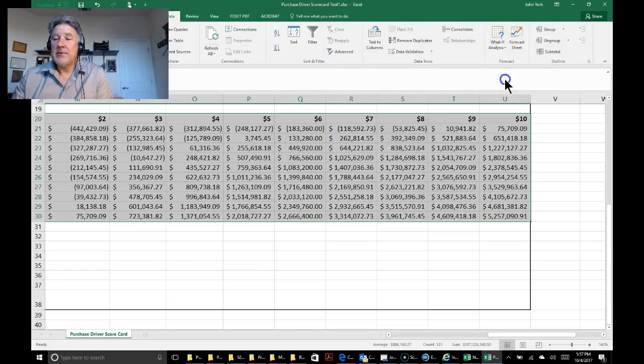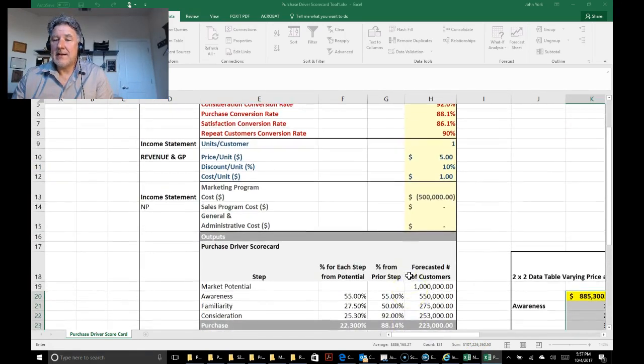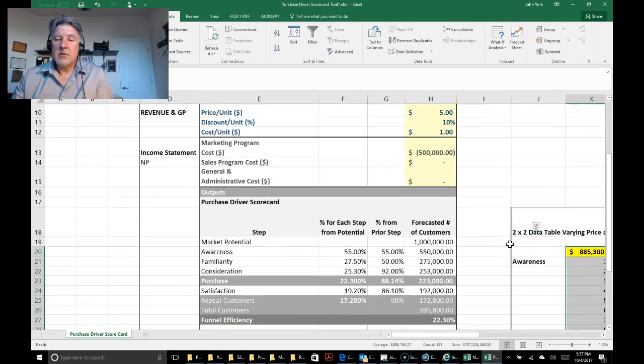You'll go to data table, and then you have data table input, row input or column input. Okay? Your row input here is going to be price, so you go back into your input section relative to price per unit, not the discounted price, over here. And then the column input is going to be awareness. You add those factors in, and then you click and let the table calculate.